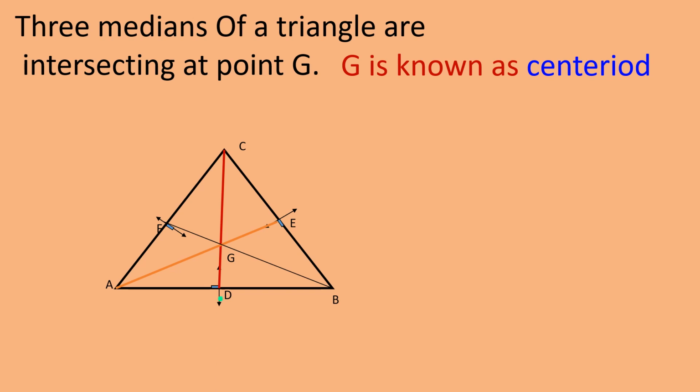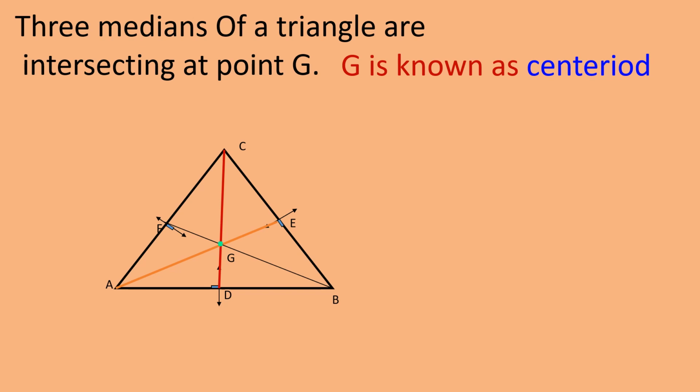Let's learn that. See here, that point G is known as the centroid. So you will find that a median gets divided into two parts, from the vertex to the centroid and from the side AB to the centroid. That is, vertex C to centroid G and centroid G to side AB.